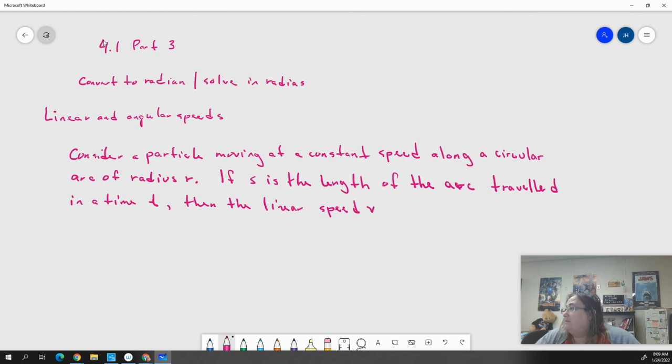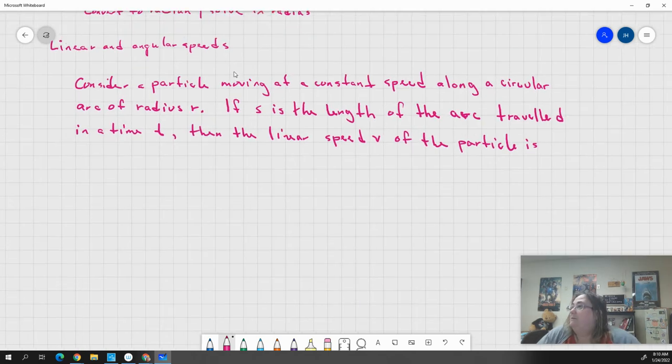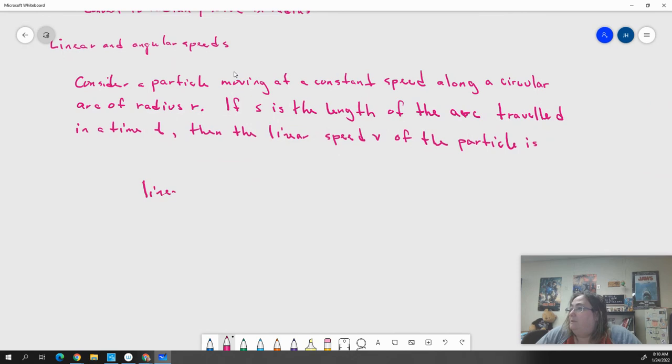And the linear speed v of the particle is linear speed v equals arc length, which we're saying is s, over time, which is t.